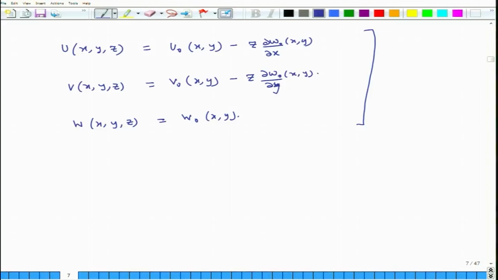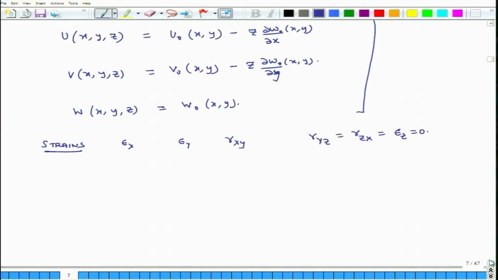So, now we will develop relations for strains using these displacement relations. What strains are we interested in? We are interested in epsilon x, epsilon y and gamma x y, because all other strains, gamma y z, gamma z x and epsilon z, we have assumed to be 0 based on the assumptions which we discussed earlier.